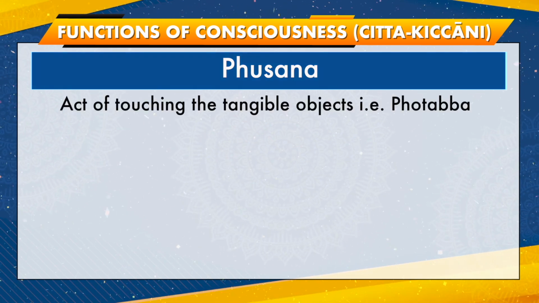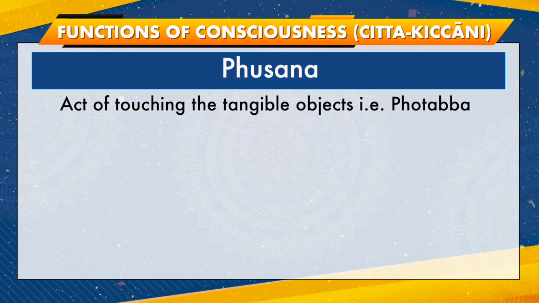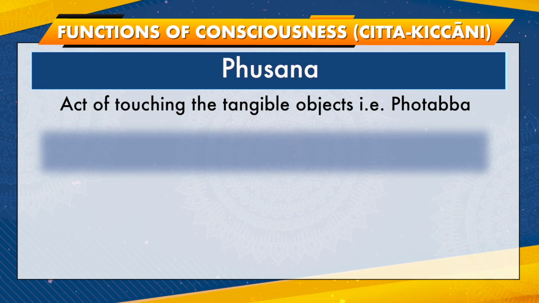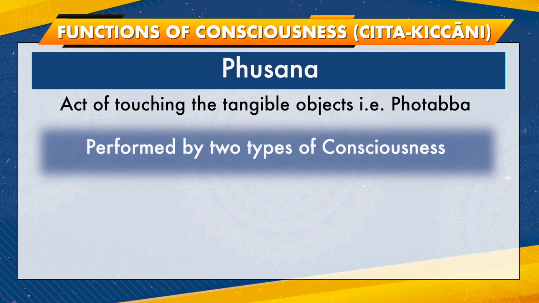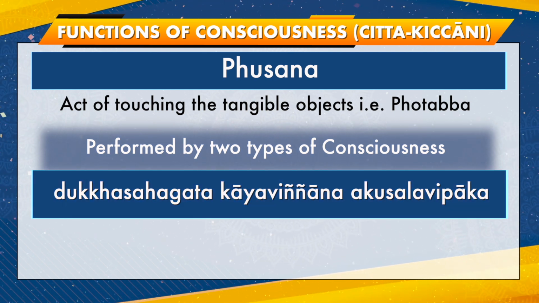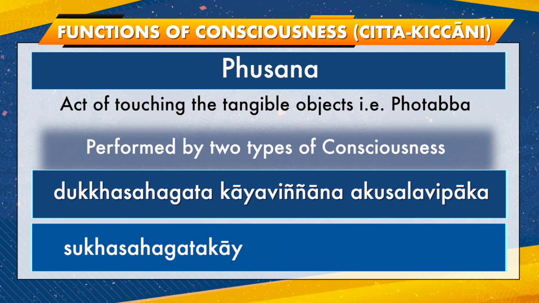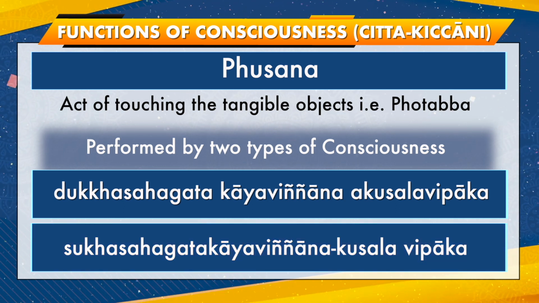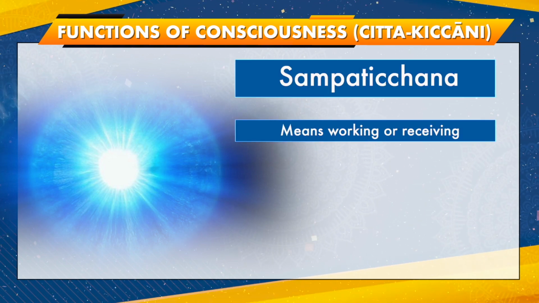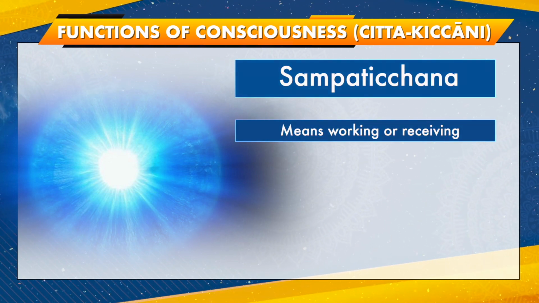It is the act of touching the tangible objects, that is the Photthabba, which is done by the two types of consciousness, namely Dukkha Sahagata Kaya Viyana, Akusal Vipak and Sukha Sahagata Kaya Viyana, Kusal Vipak. Next is Sampatichana. It means receiving.